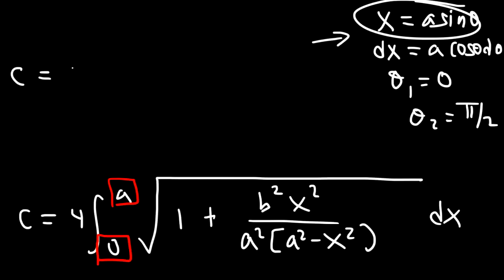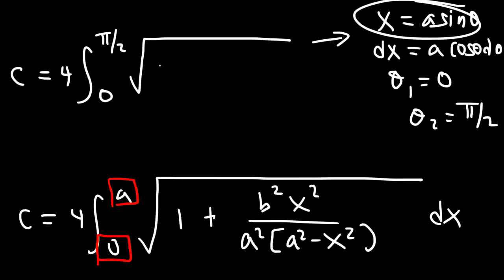So this is going to be 4 times the integral from 0 to pi over 2 times the square root of 1 plus b squared. And then we have x squared. x squared is going to be a squared sine squared theta.